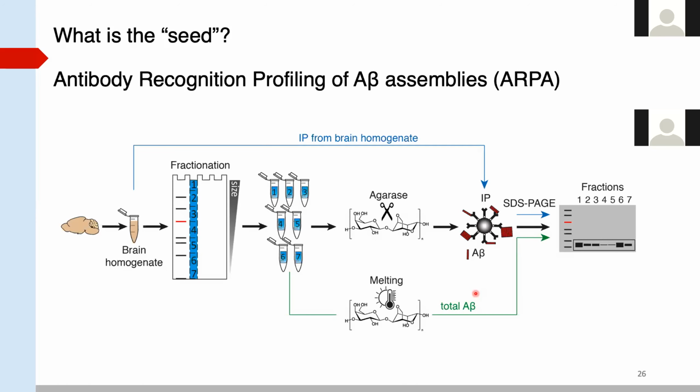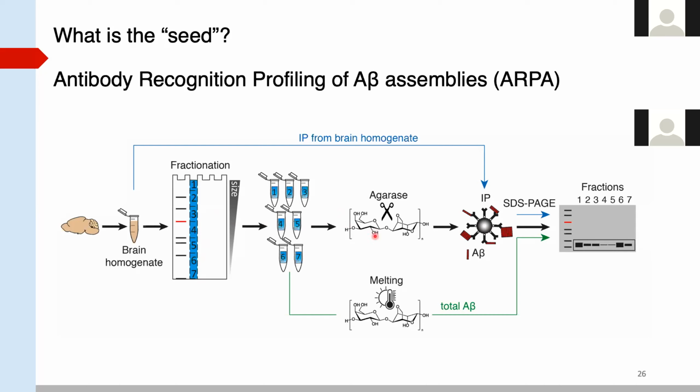For this, former lab members established a method that we termed antibody recognition profiling of A-beta assemblies, or ARPA for short. I would like to guide you through this method very quickly. We use a brain homogenate, which contains a variety of A-beta assemblies. These A-beta assemblies are then semi-natively separated by size with an agarose gel, and the different fractions are collected.